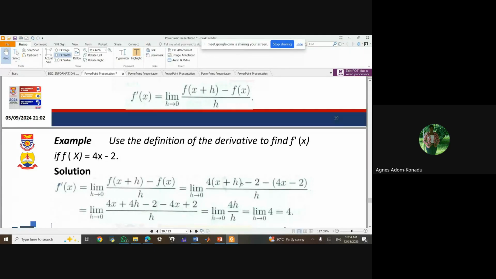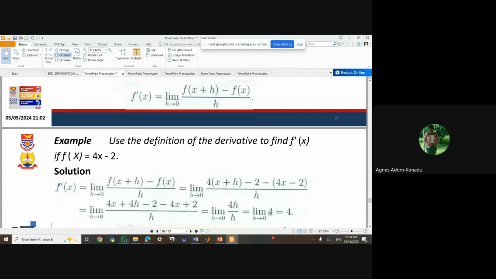When I open the brackets here, I have the limit as h approaches 0 of 4x plus 4h plus 2, minus 4x minus 2, all over h. My 2 can go with the 2. My 4x is positive, so it can go with the negative 4x. So I'll be left with 4h over h. Then h can cancel h, and I'll be left with 4.